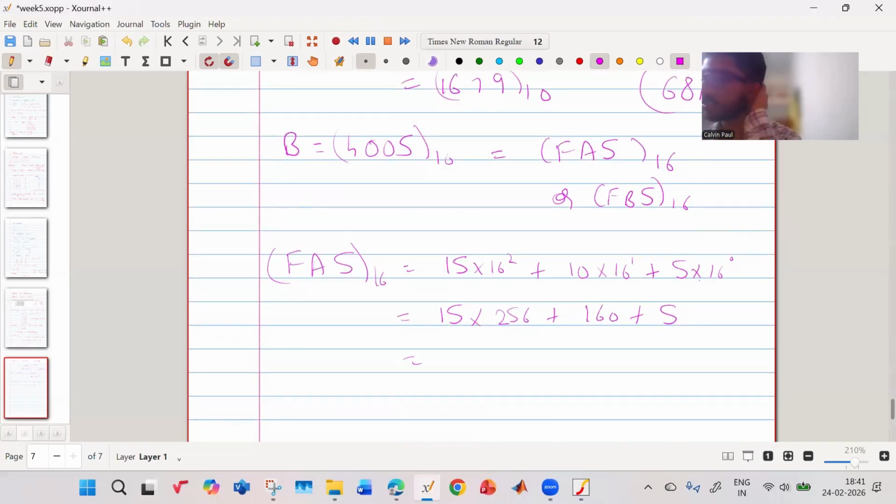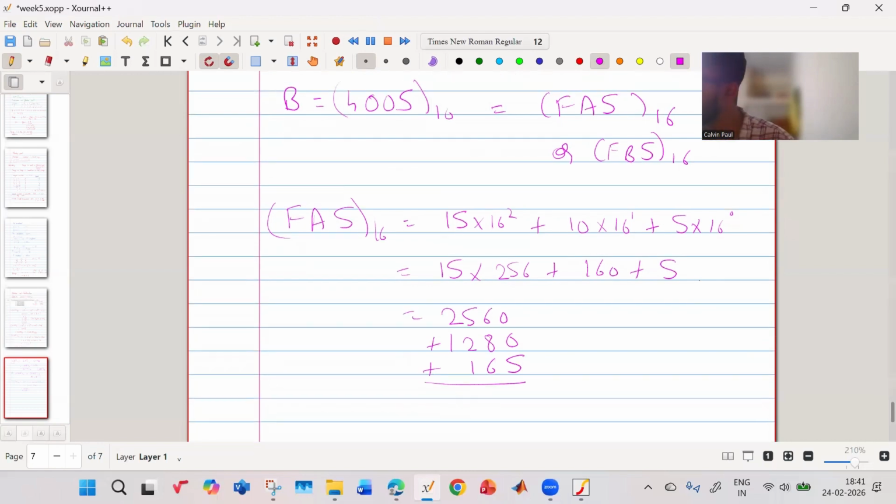So 15 into 256 is 3840, plus 165. That is 4005. So this is the answer.